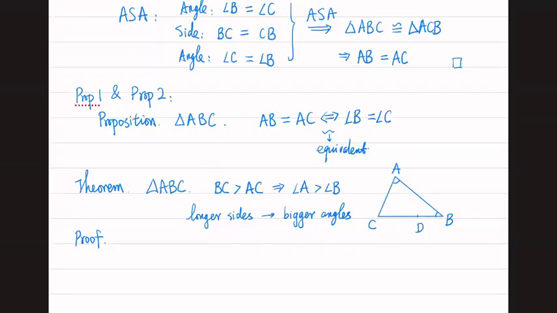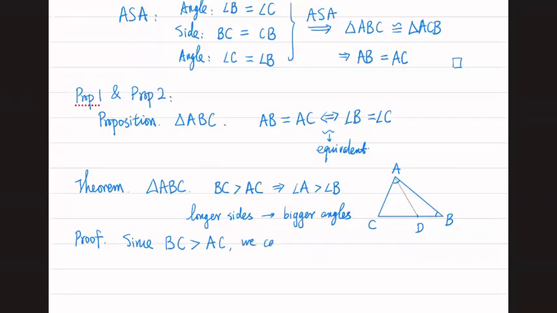Okay, let's use this. BC is bigger than AC.